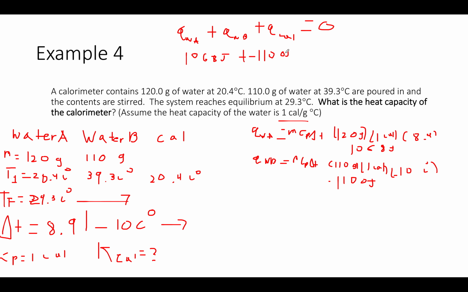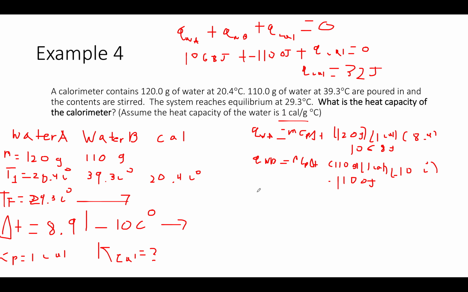So if you solve for the heat of the calorimeter, the two heats of the water plus the heat of the calorimeter have to equal 0. So the heat of the calorimeter equals 32 joules. 1068 plus negative 1100 gives negative 32 joules.